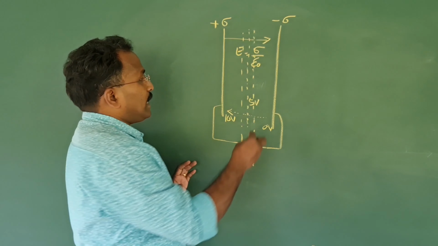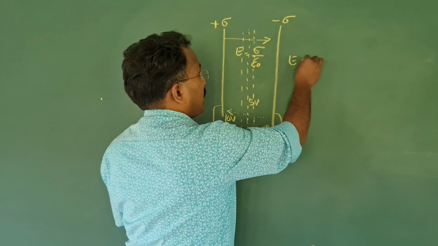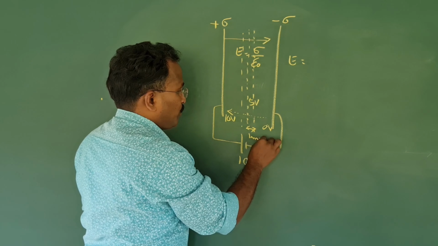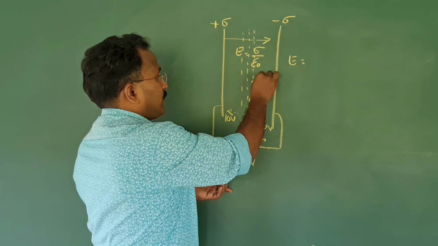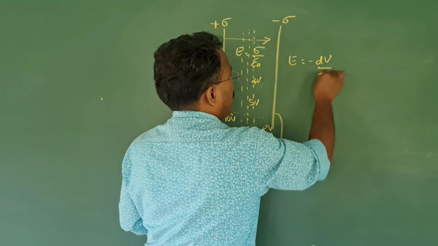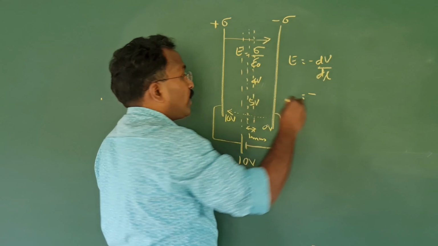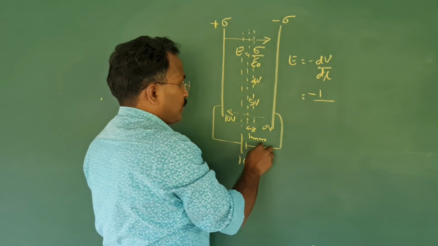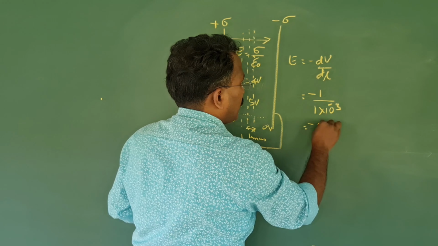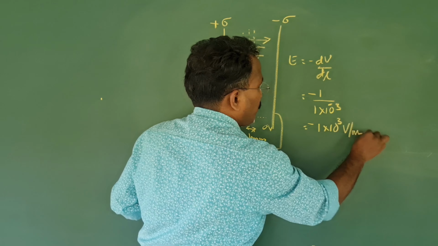You can calculate the electric field this way also. Electric field E, just imagine these are spaced 1 millimeter apart. The 4 volt surface and 5 volt surface are separated. It is minus dV by dl. This will be minus 1 volt divided by 1 millimeter, so minus 1 into 10 raised to 3 volt per meter.